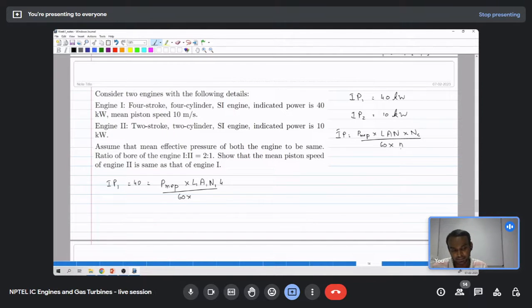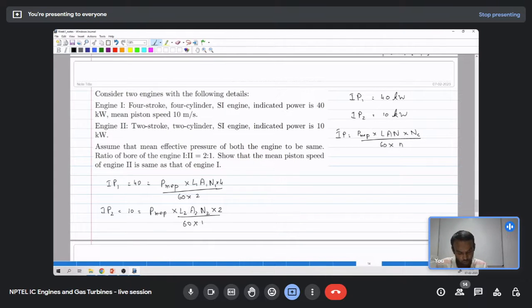The small n is the number of revolutions for one cycle, and for a 4-stroke engine it is 2. Now we have IP2, which is 10 kilowatt. Here the PMEP is the same, so I write the same term, into L2 A2 N2 into 2 cylinders, divided by 60 into small n, which is 1 for a 2-stroke engine.